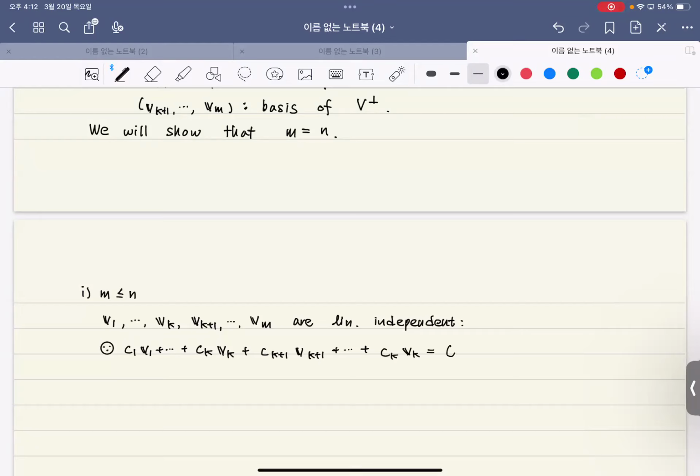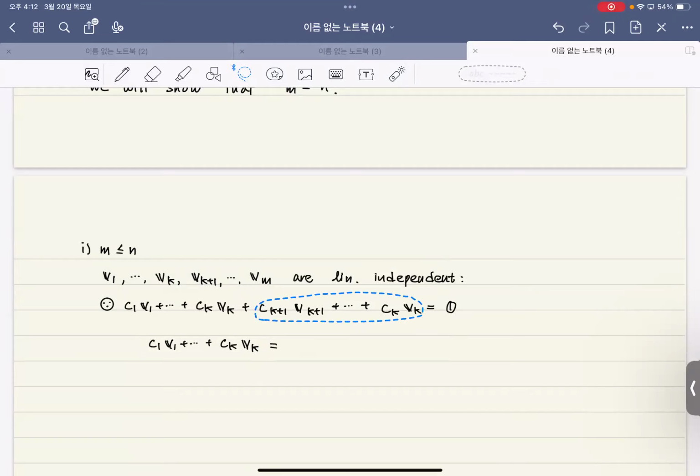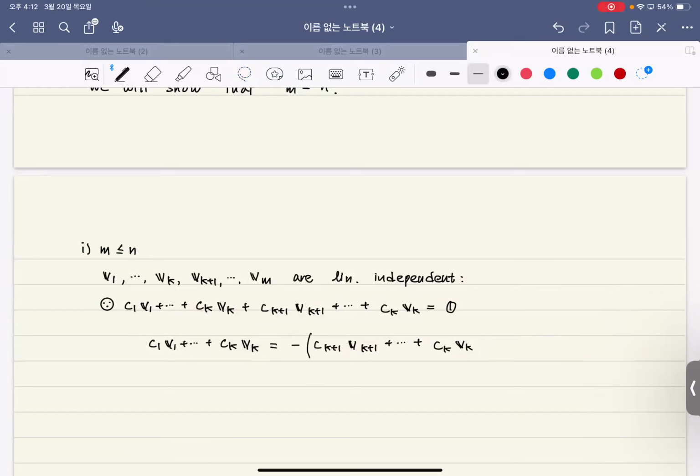To show that these are linearly independent, from this given vector equation, I must be able to show that all these coefficients must be 0. But again, this is easy. If you send all these terms to the right side of this equation, you will end up with this equality. So this vector equals that vector.